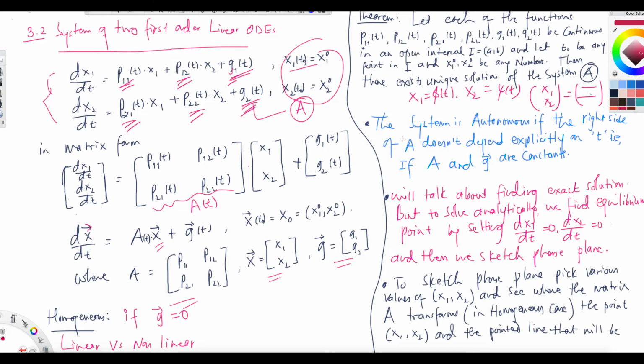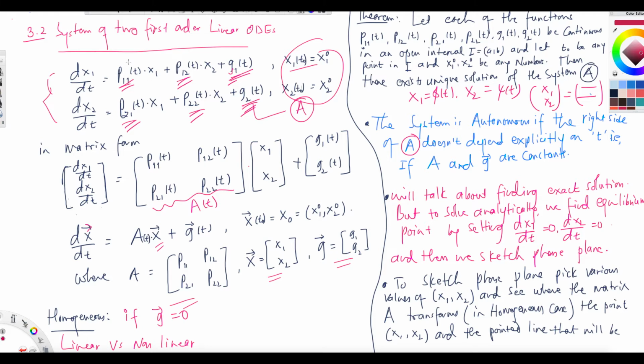Next thing that I want to mention is that the system is autonomous if the right side of A does not depend explicitly on t. What does that mean? It means that the right side of system A does not have any explicit t. It may be that x1 depends on t and x2 depends on t, that is fine.